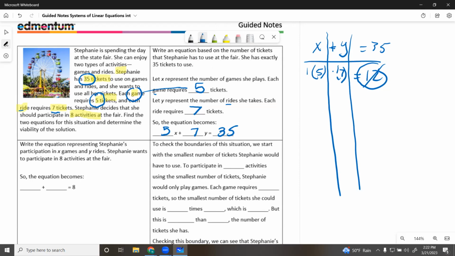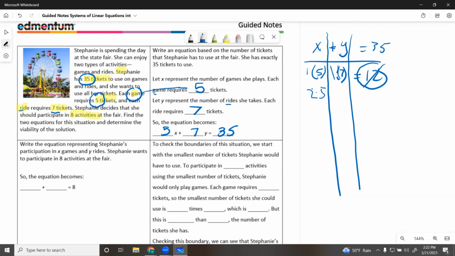So one ride plus one game is a total of 12 tickets. That does not equal the 35 that she has available. So we could say 2 times 5, which we know is 10.